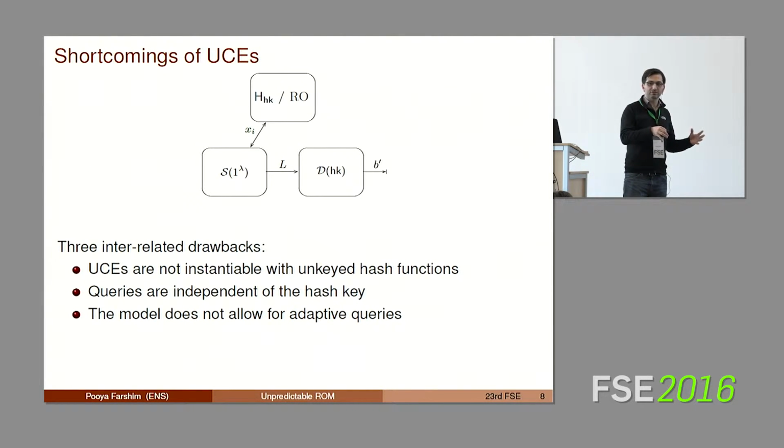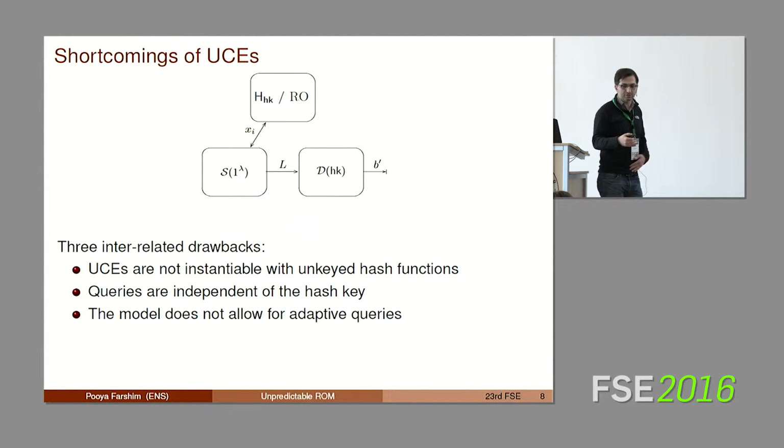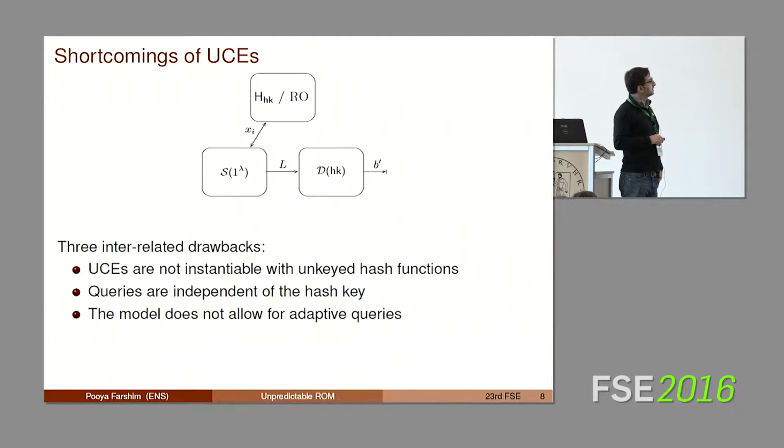So the goal of our paper is to basically see how much we can extend these UCEs, to what extent can we model other properties of random oracle-like behavior. One of the motivations to do this is that UCEs have a number of shortcomings, and there are three different shortcomings, but they're kind of all interrelated. One of them is that UCEs are not instantiable with unkeyed hash functions, because the definition intrinsically has a hash key inside it.